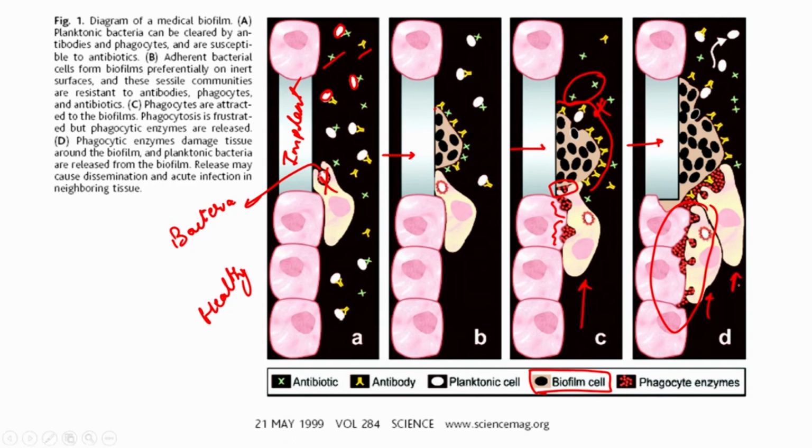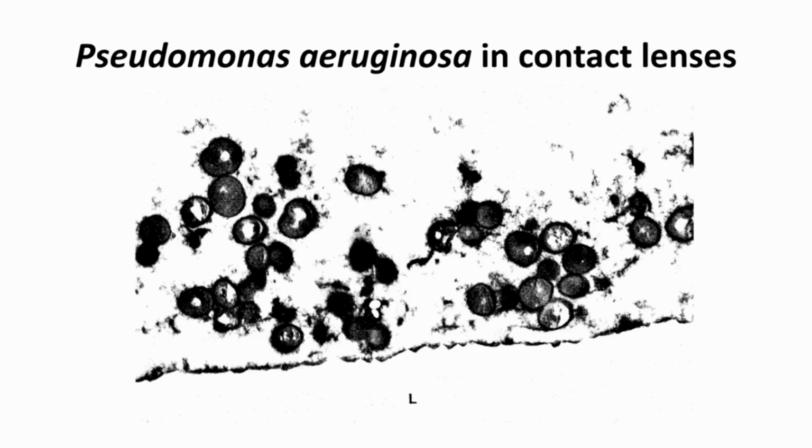So, at this point the only option that remains is to go back, take this implant out, make sure all this biofilm and bacteria is gone, and only then can you have some other intervention that can help the patient with whatever they were suffering from.